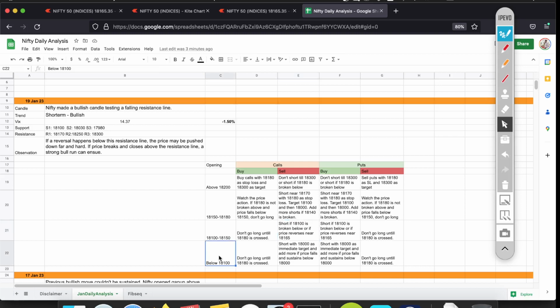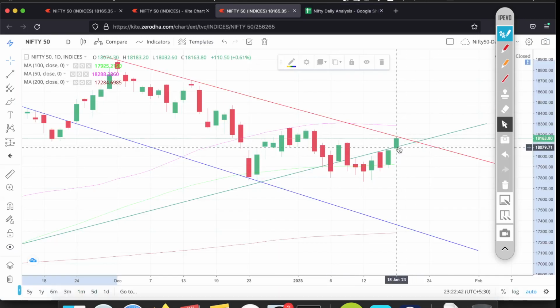If price opens below 18,100, then definitely it is not a case for going long, but you can short with 18,000 as the immediate target, because that will be below this rising resistance line. So that itself is a strong case for shorting.